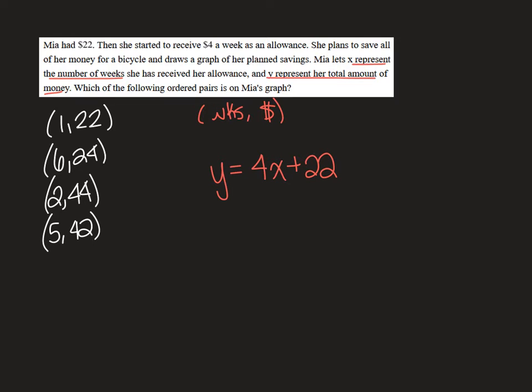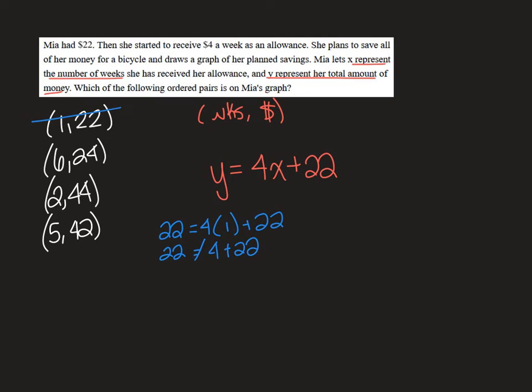Now you would just need to plug in each of these ordered pairs and see where you get your true statements. So if I start with that first one, all you have to do is say 22 equals 4 times 1 plus 22. So we get that 22 equals 4 plus 22, and we know that's not true, so we're going to stop there.